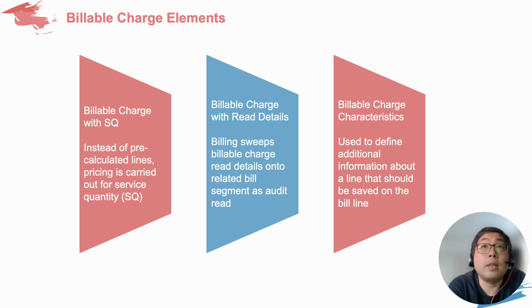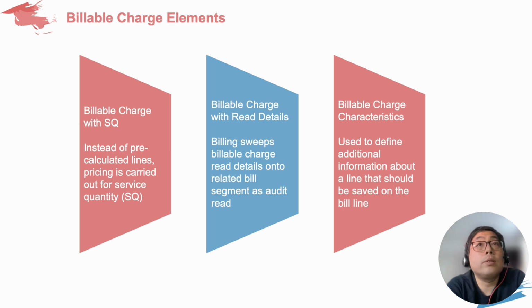It doesn't actually derive any service quantity based on these reads. So if you want to calculate the consumption based on these reads, then you have to adjust the customized algorithm yourself.